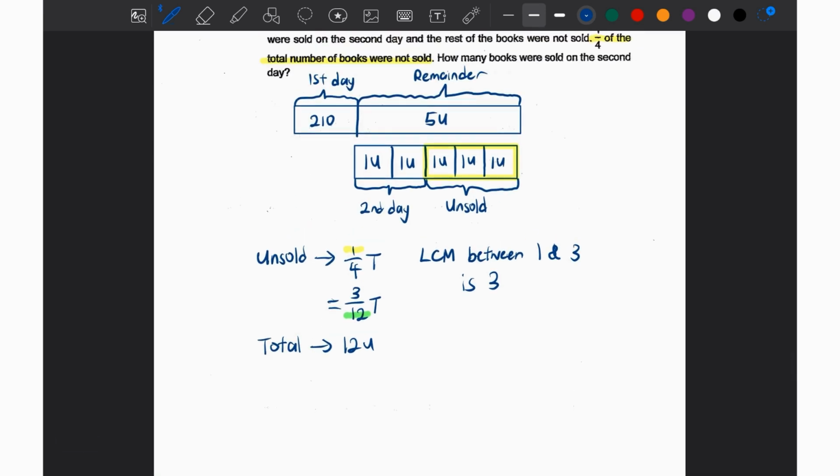How can I work out how many units this 210 sold on the first day represents? So in this case, we take 12 units minus the remainder, which is 5 units. This will give me 7 units. So essentially, this 210 represents 7 units.